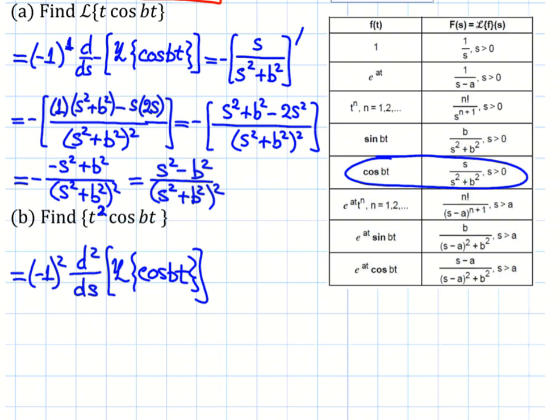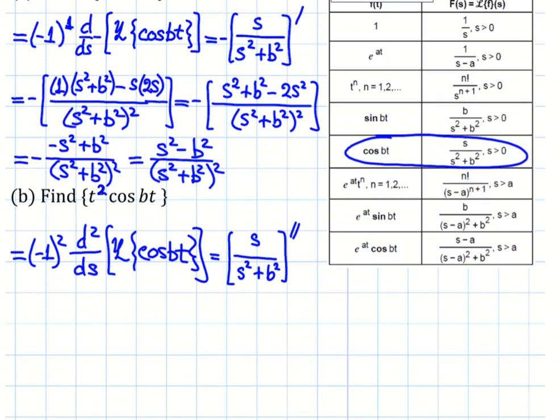Right? So -1 squared will be just +1. The transform of cosine bt will be just s over s squared plus b squared. Don't forget that we need the second derivative.